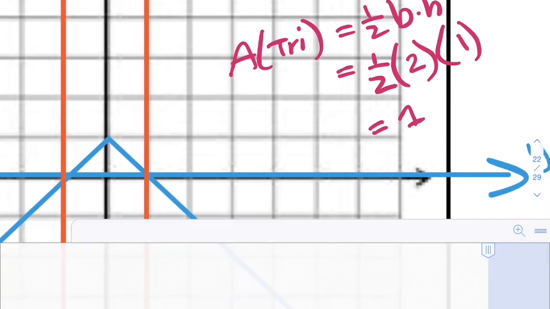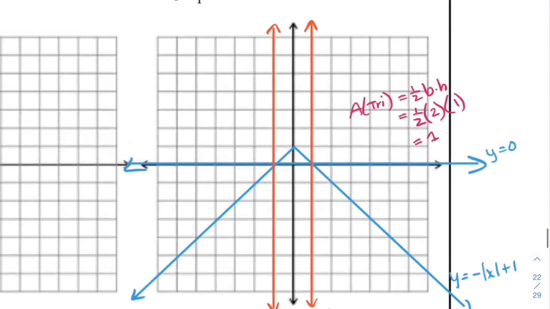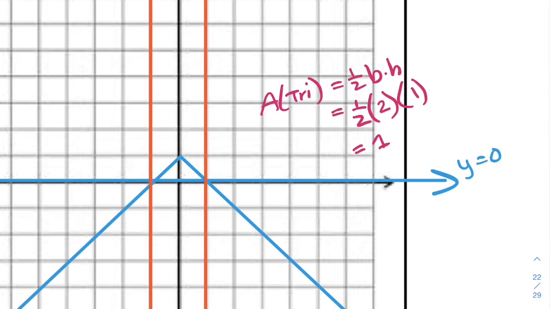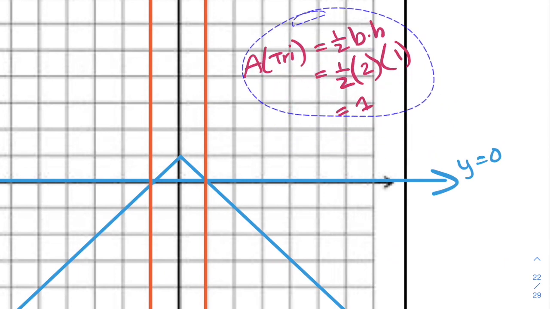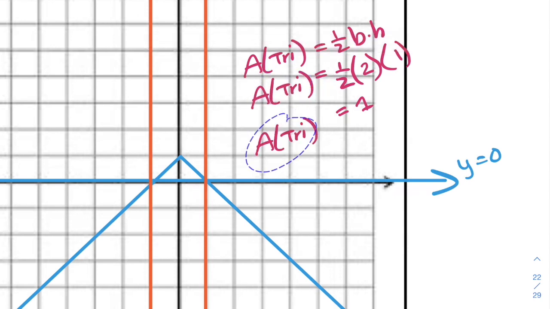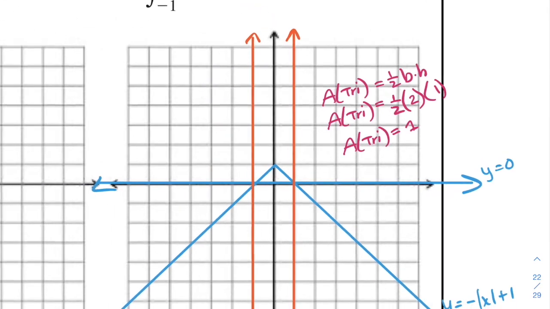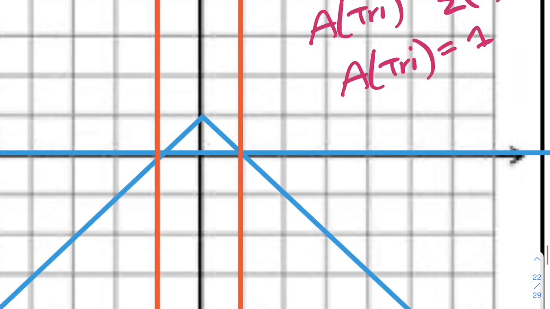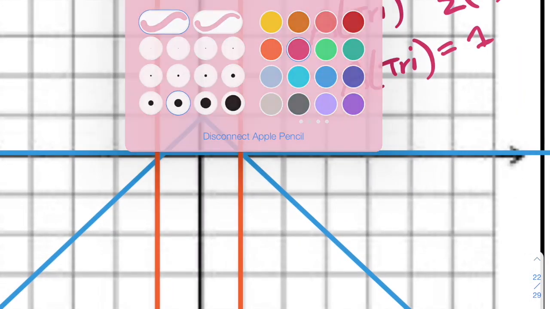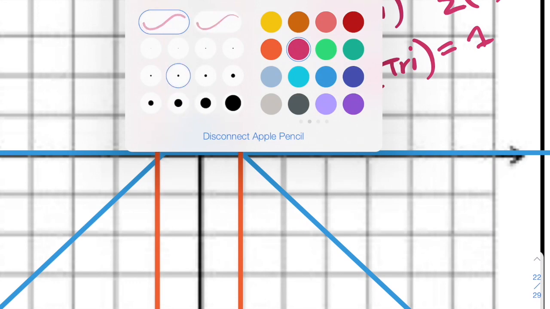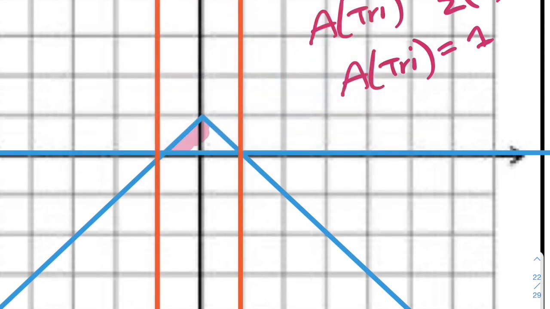So in this case, the area of my triangle is 1. Okay, and that's the shaded region right there.